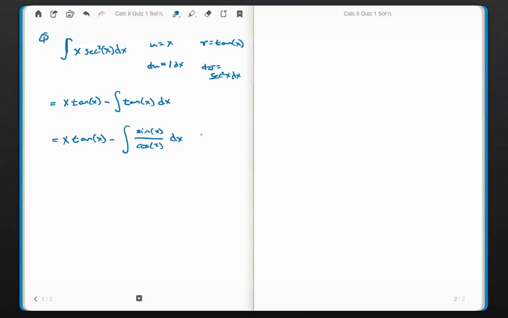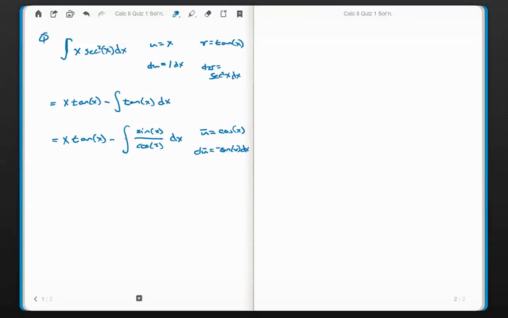If I let u bar equal the cosine of x, now this is a different u, so the bar just distinguishes it from the earlier u, then du bar equals the derivative of cosine, which is negative sine x dx.